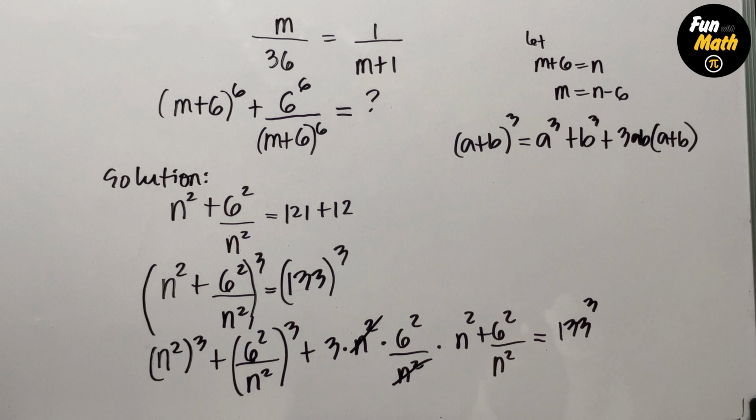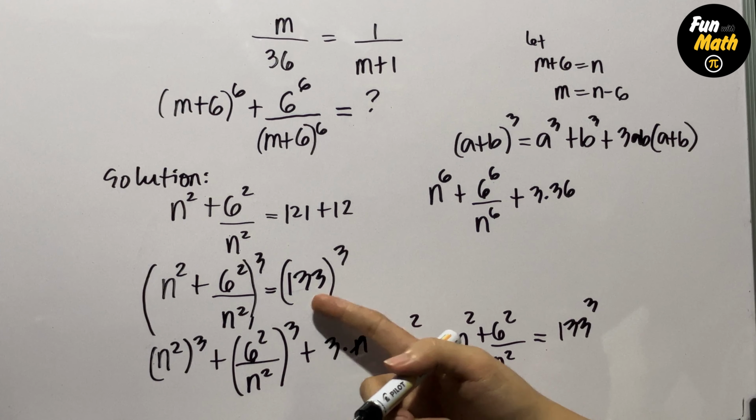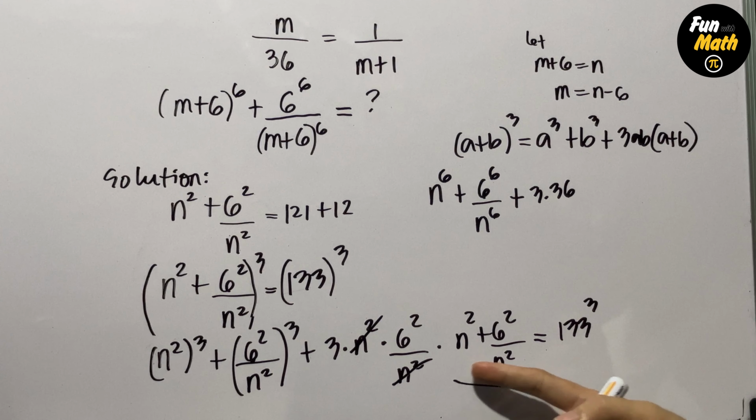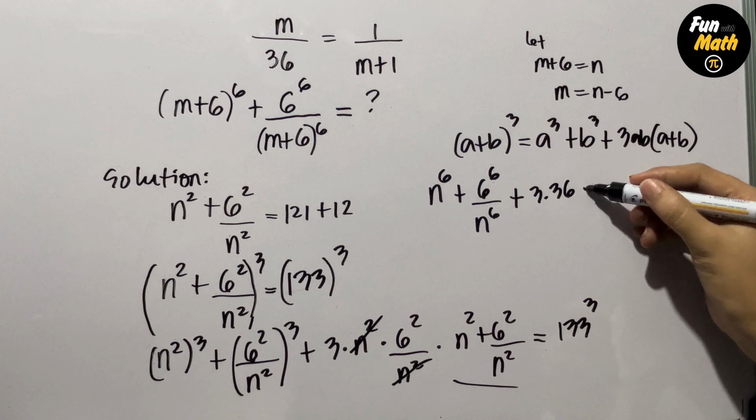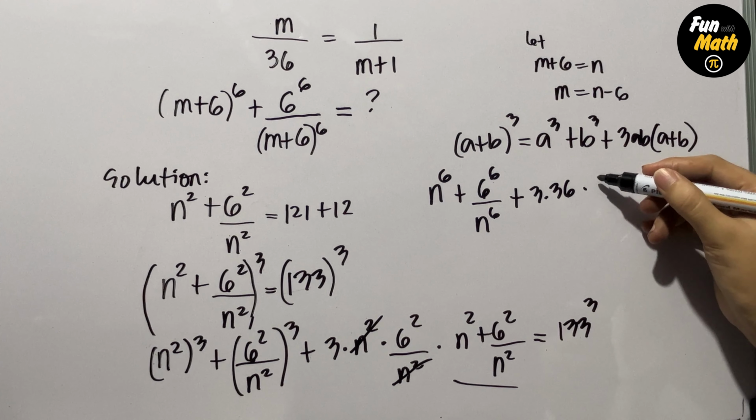And for this, n^2 + 6^2/n^2, earlier we have the value for that, and that is here, before we put the cube, that is 133. So instead of writing this, we write times 133 equals 133 cubed.